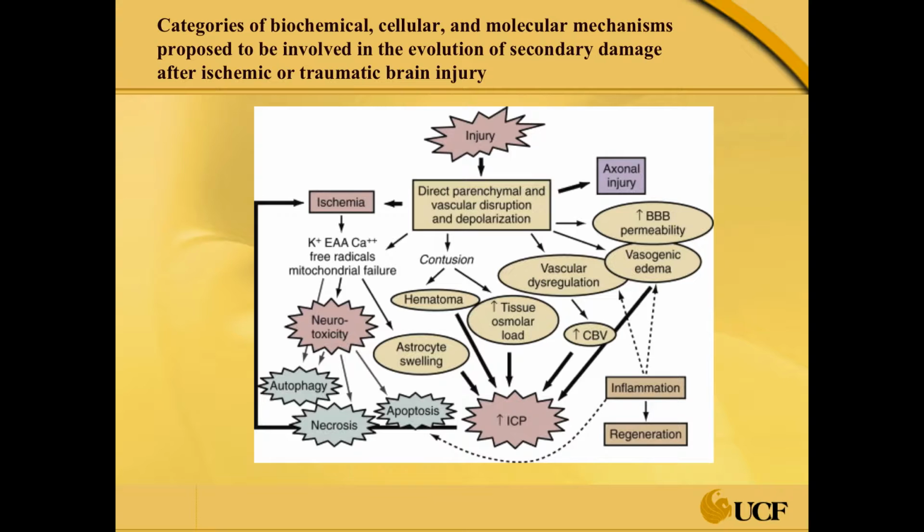We don't normally have collections of blood, for example, in the brain. We don't normally have collections of coagulated blood from a hemorrhagic event, or tumors, right? Those are all things that can increase ICP and lead to significant problems.